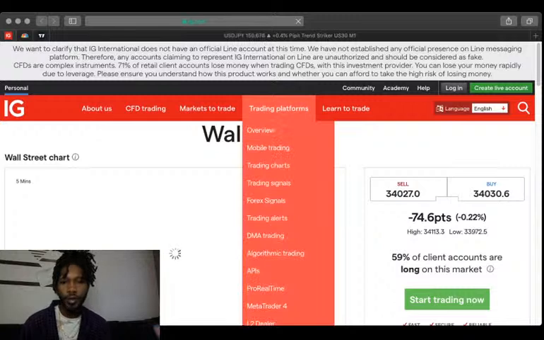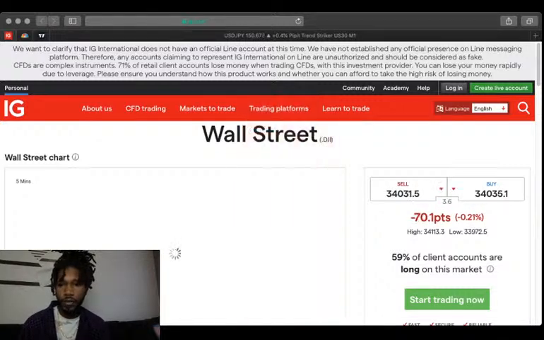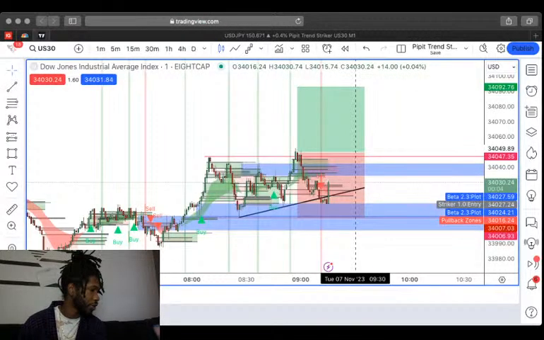This is pre-market open. That could very well change once market opens at 9:30. We have about 15 minutes left until market opens. 59% long, 68 points in a negative. So it's looking like it's going to be a bearish day.